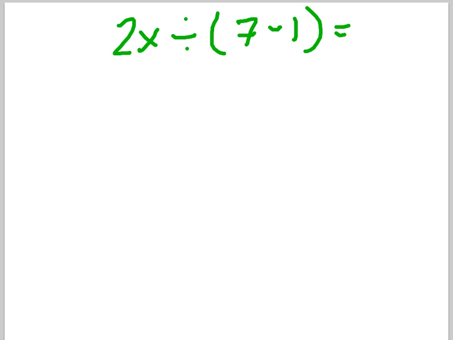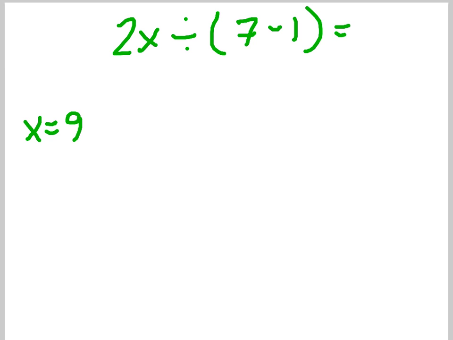How about we go with 2x divided by 7 minus 1 equals. Alright, so we're using x in there, so let's go ahead and get an amount for x. Let's say x equals 9.